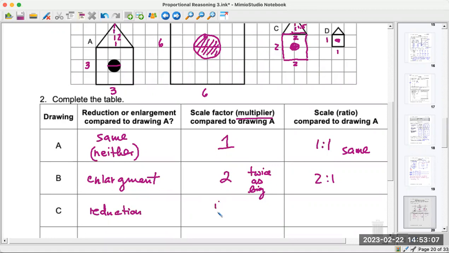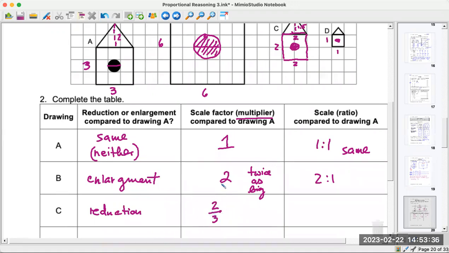And our scale factor is, I believe, 1/2. No. Nope, it's 3 to 2. 3 over 2 or 2. They're calling it 2 over 3. I would think A to C would be 3 over 2. Oh, but it's 2/3 as small. Yep, it's a reduction. The number has to be smaller than 1.